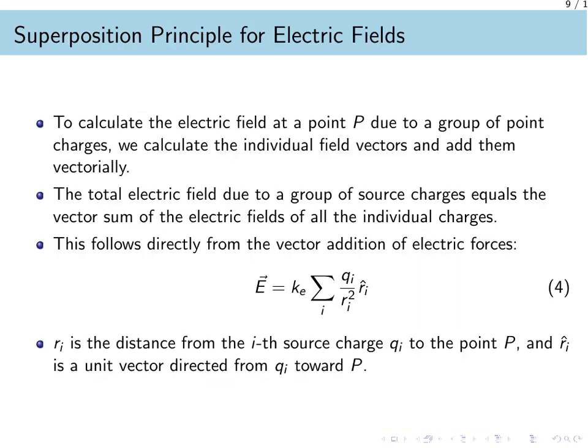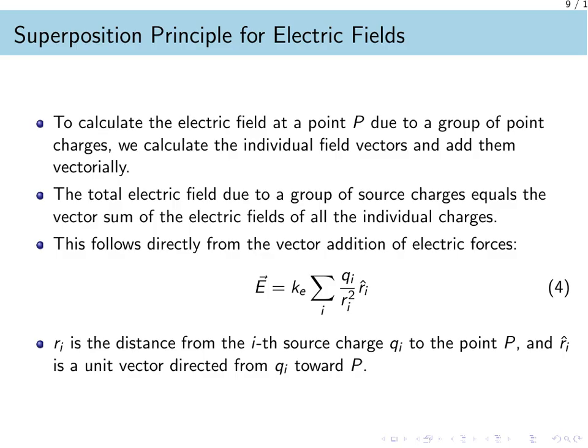To calculate the net electric field at a point P due to a group of multiple point charges, we apply the superposition principle. We calculate the individual electric field vectors produced by each independent point charge, and then we add them together vectorially. This superposition follows directly from the vector addition property of underlying electric forces.